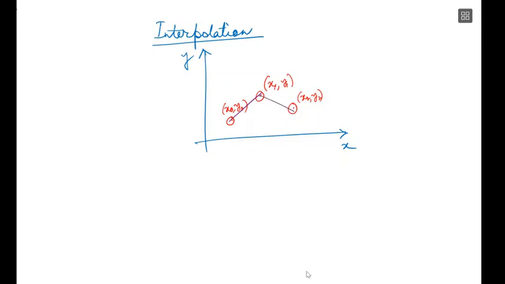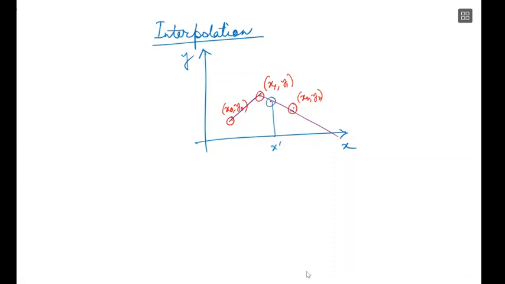If there are some other points, then I can extend it in that manner. And if I wish to know the value at some other point, say x dash, then I will take the ordinate here and this will be the value of the function.